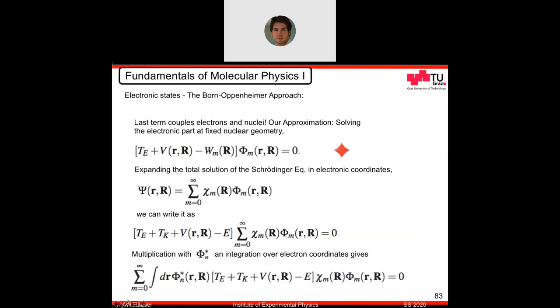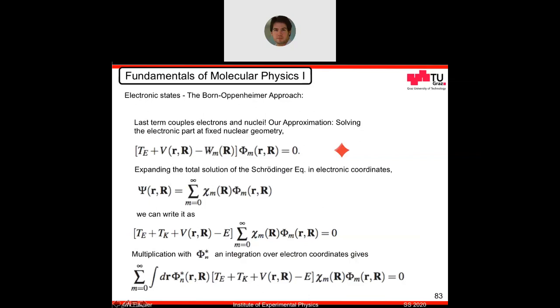It's the solution of this Schrödinger equation, but you can think of it as a function of the coordinates of the nuclei. Why? Because for each position of the nuclei, you will get a different solution of the electronic problem. And if you repeat this for all kinds of possible arrangements of these atoms that form the molecule, you will get something which we have called already the potential energy surface.